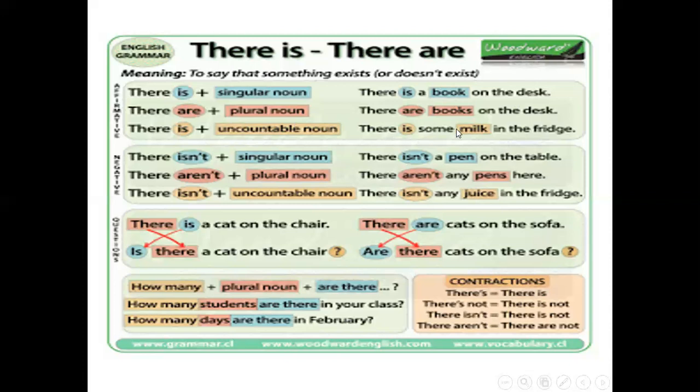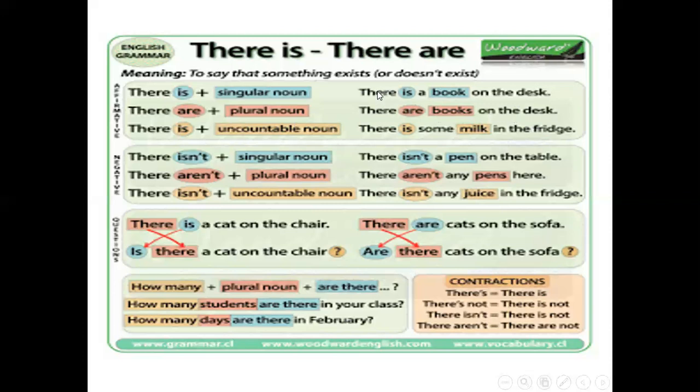And there is some milk in the fridge. Milk here is an uncountable noun, so I use there is, not there are. You can ask me in what cases I can use there are. I use there are with plural nouns, such as there are books on my desk.